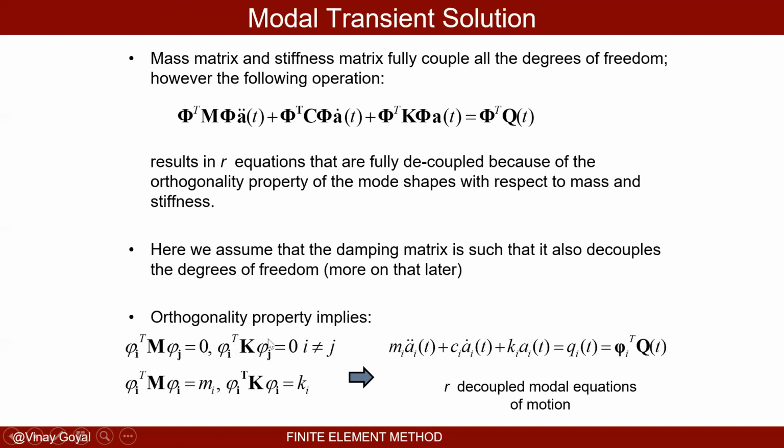Same with the stiffness matrix. So you'll just get a bunch of diagonal terms, which is very powerful. So these equations here will turn into R decoupled modal equations, which is incredible. It's a bunch of mass and springs.